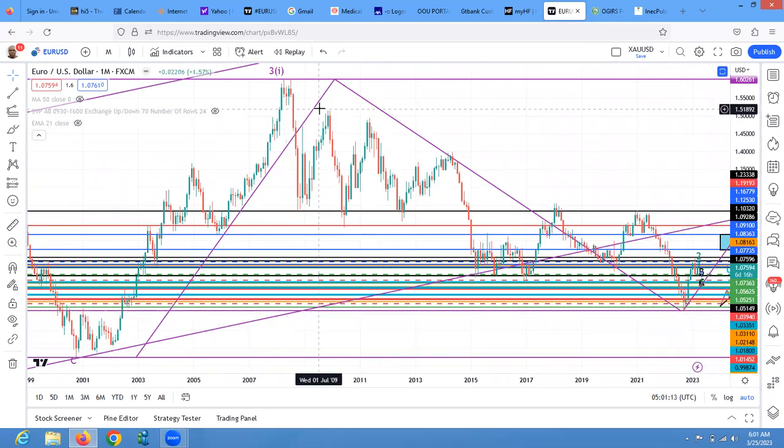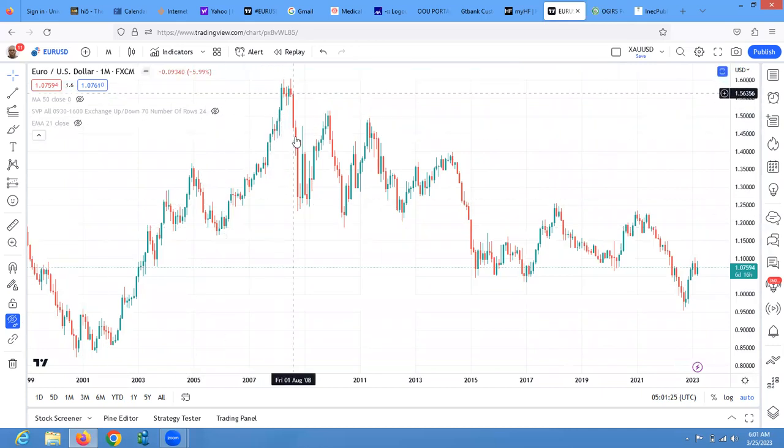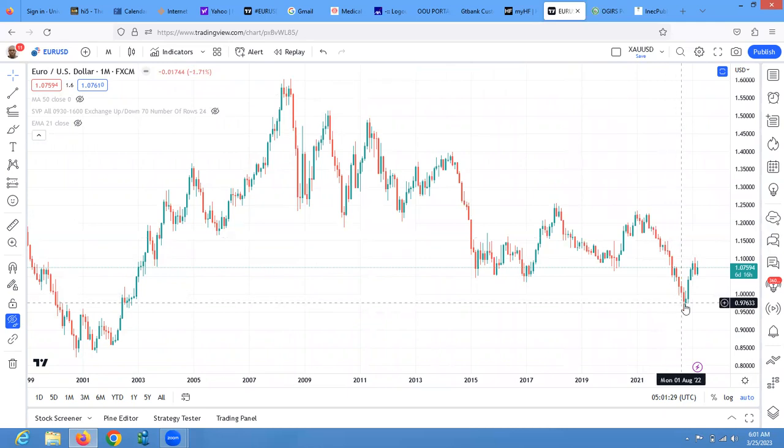So if this is 3-1, this is part of 3-2. So this correction that we looked at in line with a 5-wave structure, which is like a 1, a 2, a 3 and a 4, the 5 may have ended here. That's what we are trying to say now. The 5 of that correction may have ended here.